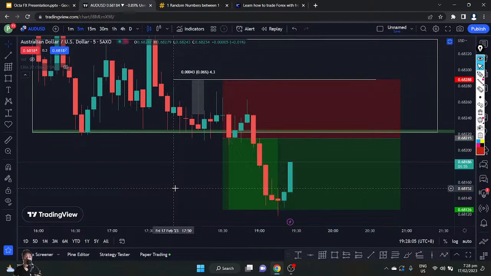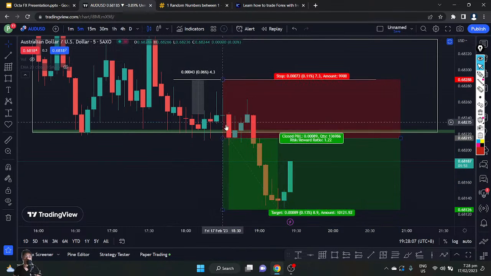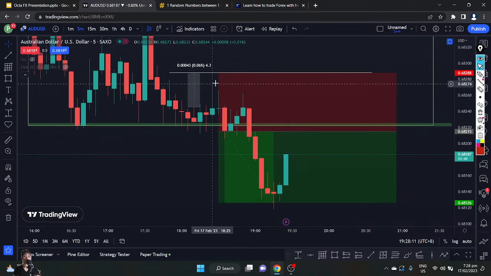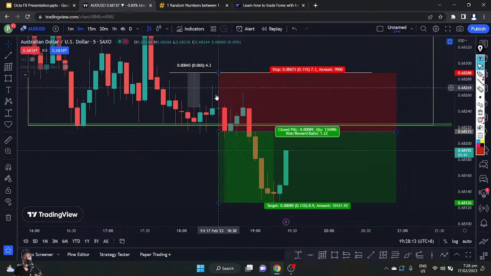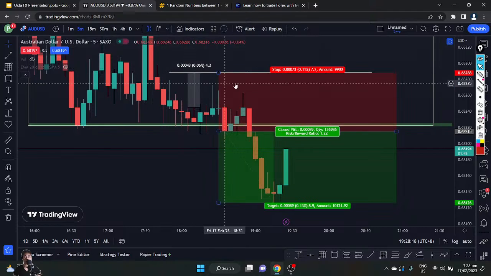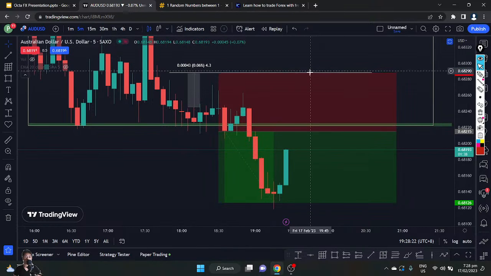All right. And then as we can see, it is the same placement like what we did for an example earlier, which is above the structure from this previous candle. Okay. So as we can see, we have 7.3 pips for our stop loss.